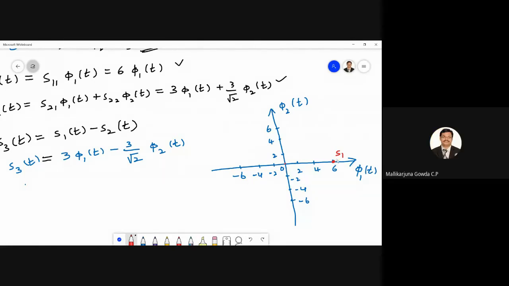Then similarly, S2, that is 3 pi 1, right? 3 pi 1 means at this point you will get 3 pi 1. Then 3 by root 2 pi 2. So 3 pi 1 of t, then 3 by root 2. So how much is 3 by root 2? 3 by root 2, sorry.